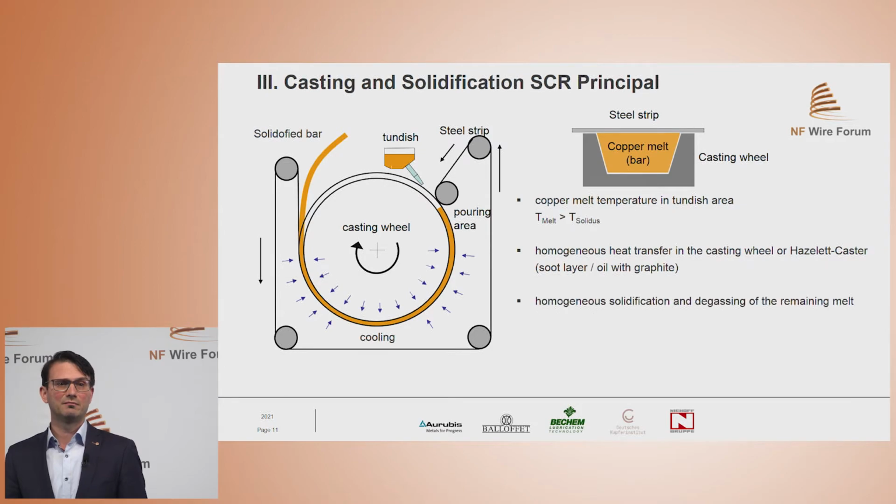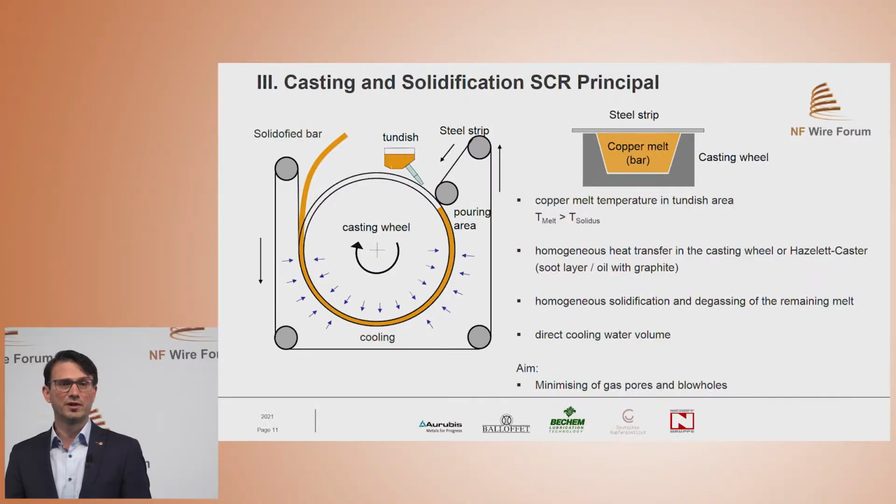Important parameters are the liquid copper temperature in the tundish, a homogeneous heat transfer in the wheel and in the casting strip, and similar aspects are as well valid for the Hazelett casting machine, for the Conti rod line. A homogeneous solidification and degassing of the remaining melt is important, and the direct cooling water of or after the casting wheel. The aim is to reach minimized gas pores and blowhole material.